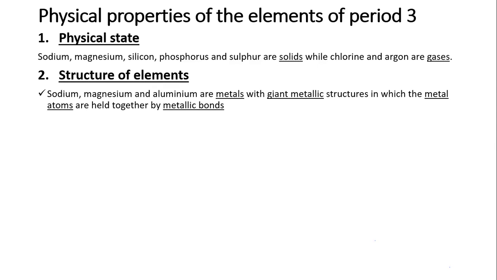They have the same structure, that's giant metallic. Sodium, magnesium, aluminium are metals. They have giant metallic structures. We saw the giant metallic structures. And in the giant metallic structures, all the atoms are held by metallic bonds.